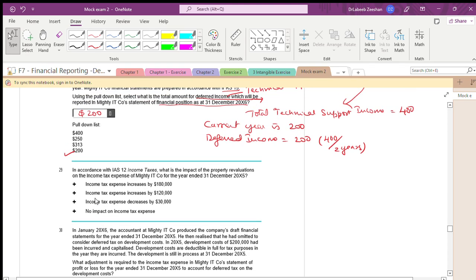In accordance to IAS 12 Income Taxes, what is the impact of property revaluation on income tax expenses for the year 31st December 2005?